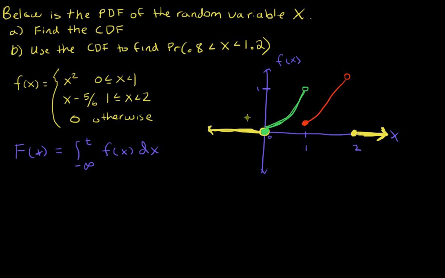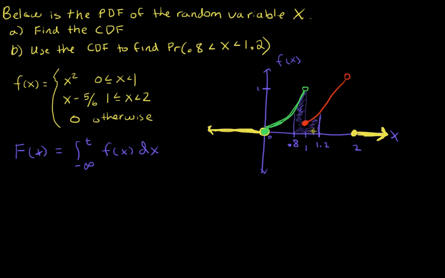So let me go ahead and draw this. Where is 0.8? It's right here, somewhere around right there. And here is 1.2. So probability is the same thing as the area under a PDF. So I basically want to find the area under this. There's a straight line there.